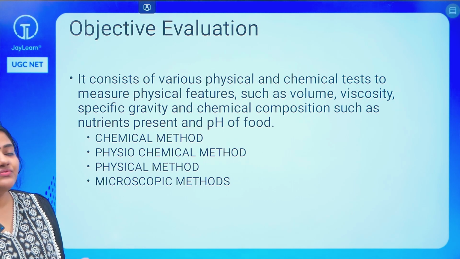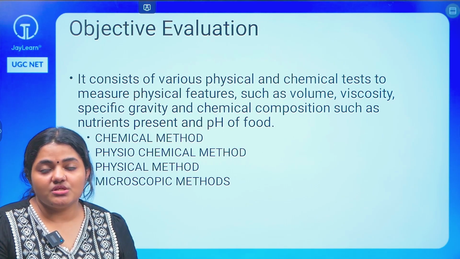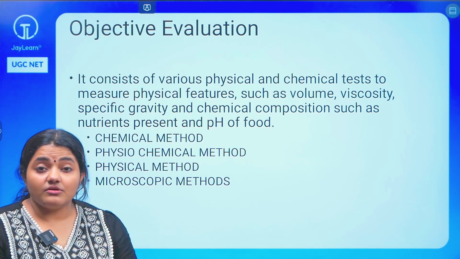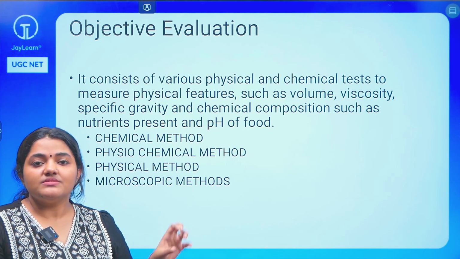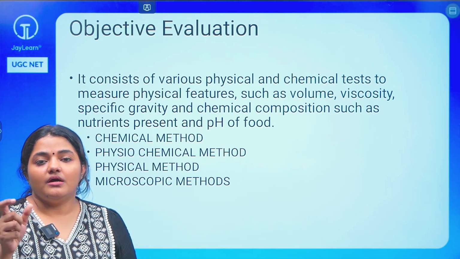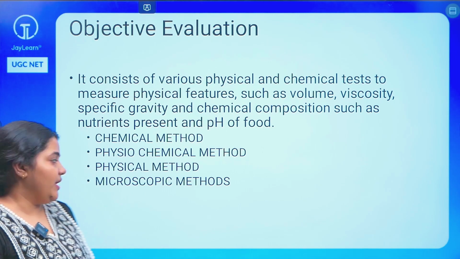Next one is physiochemical method, where we will be finding pH, the salt concentration, the fat, the butter concentration in the milk, all those things. With a particular instrument, we will be able to directly find out the value. Such kind of methods is known as physiochemical methods.